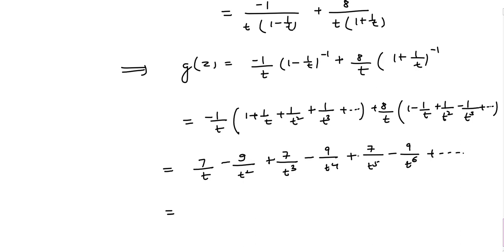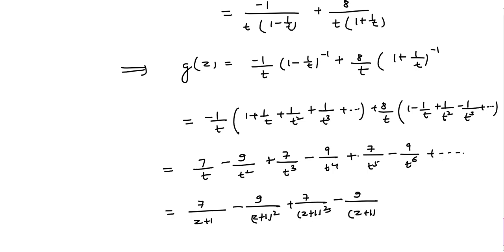So now replace the t by z plus 1 because we have already put the substitution. Here we get 7 upon z plus 1, negative 9 upon z plus 1 to the whole square plus 7 upon z plus 1 to the whole cube negative 9 upon z plus 1 to the whole power 4 plus 7 upon z plus 1 to the whole power 5 negative dot dot dot.